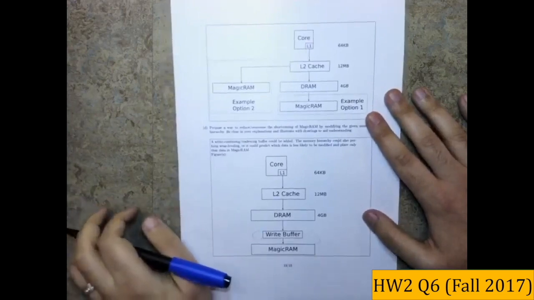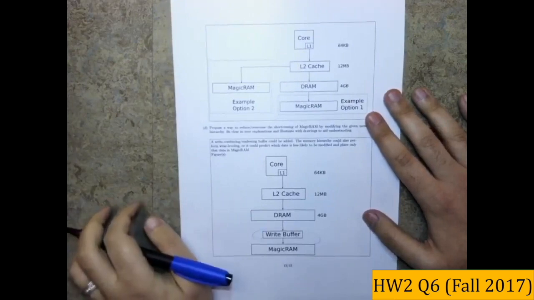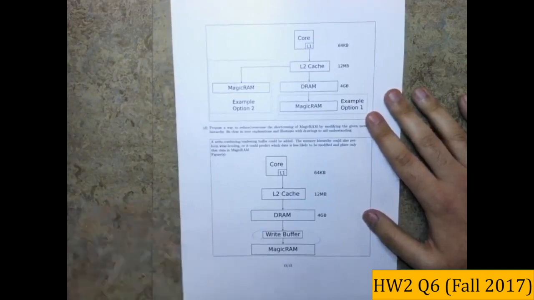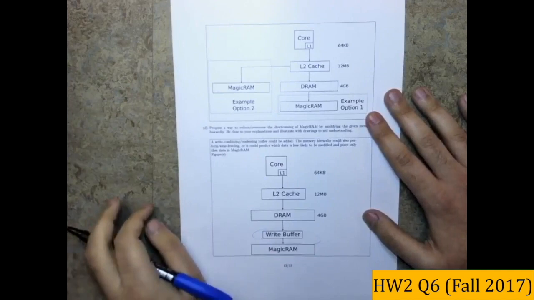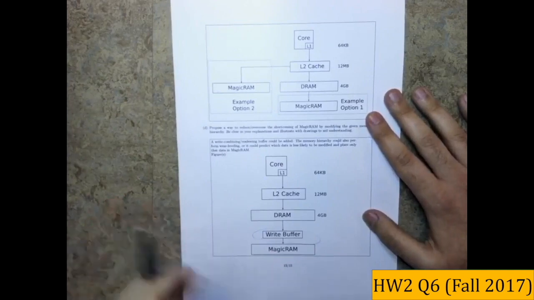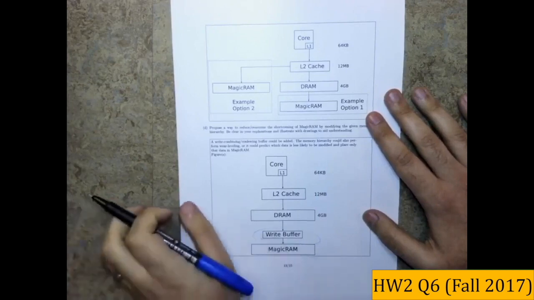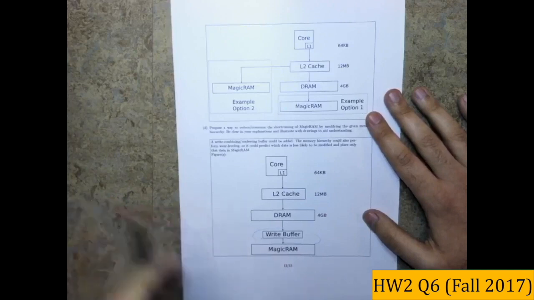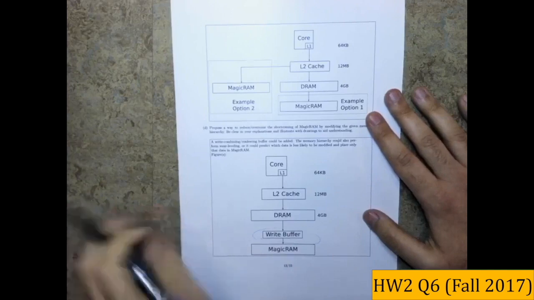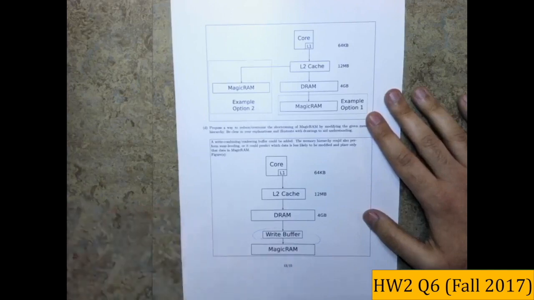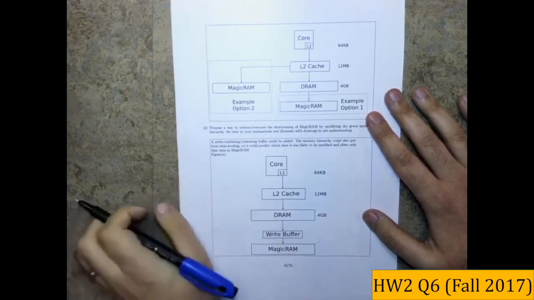It can be used for coalescing or combining writes. Also, we can use some wear leveling techniques to try to uniformly distribute the writes to MagicRAM cells. We can have good endurance if we uniformly distribute the writes. So we don't write to one cell 2,000 times and to other cells only maybe 1 time.